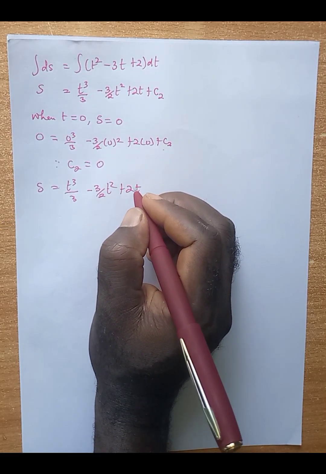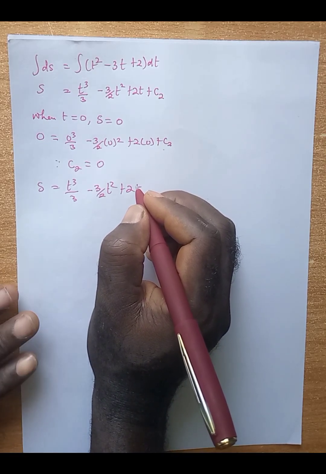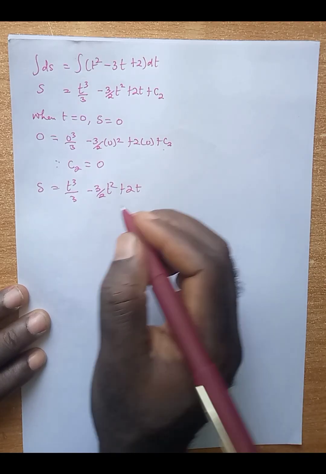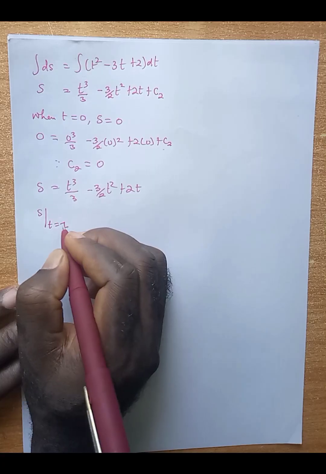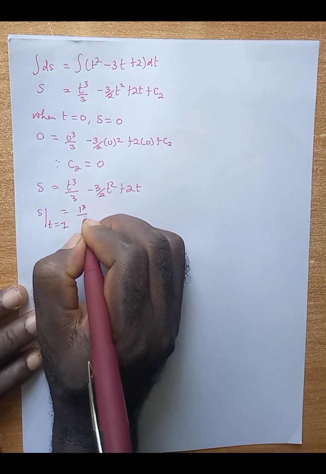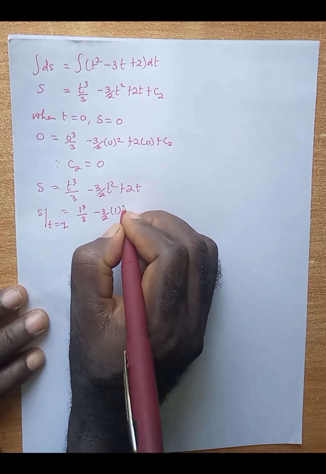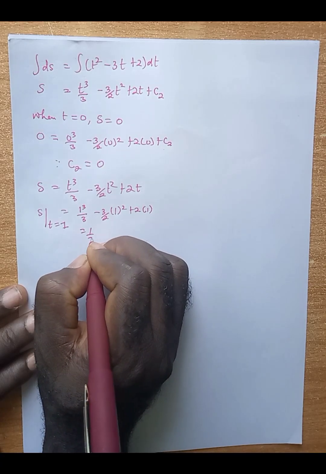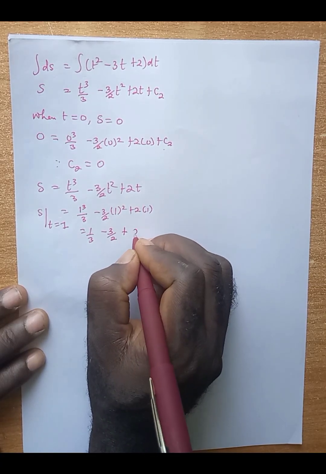Now, to find the distance when the particle is momentarily at rest, we are going to find the distance at two different points. So the distance when the time is 1 second, we substitute t to be 1 second. This will be 1 cubed over 3 minus 3 over 2 into 1 squared plus 2 into 1. Then this will be 1 over 3 minus 3 over 2 plus 2.